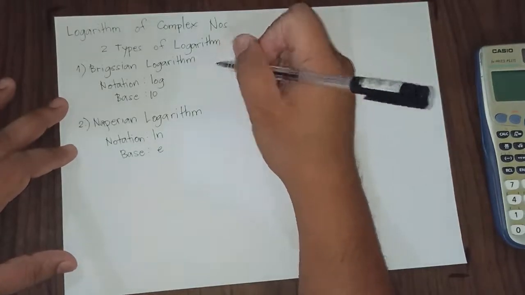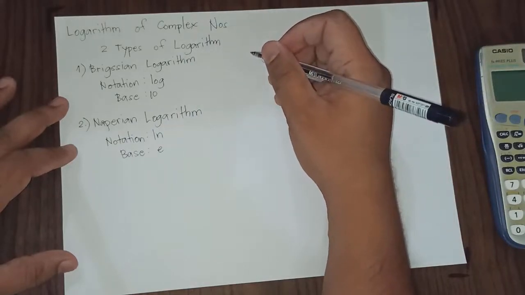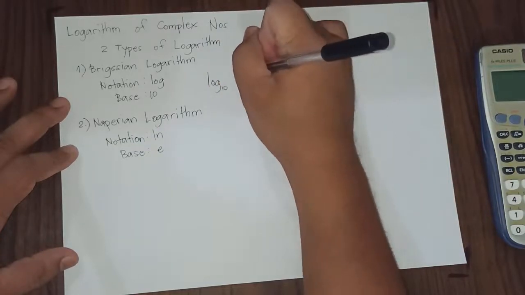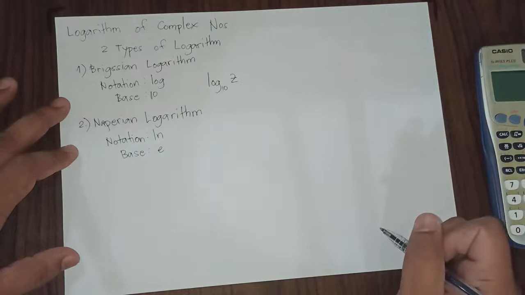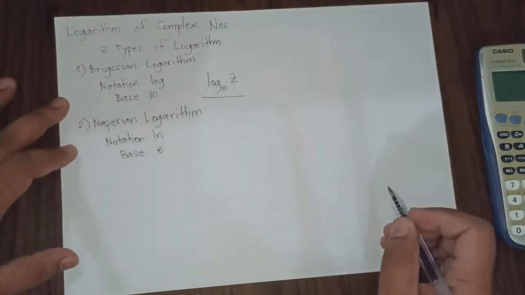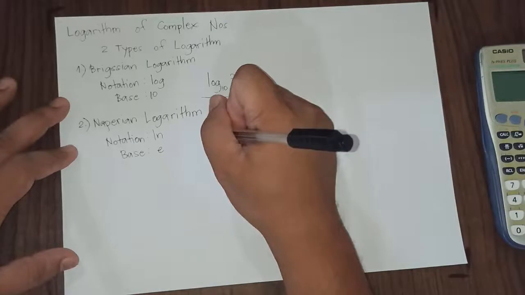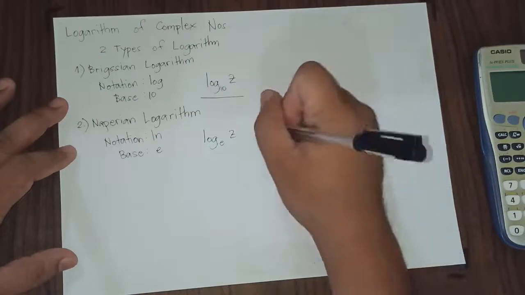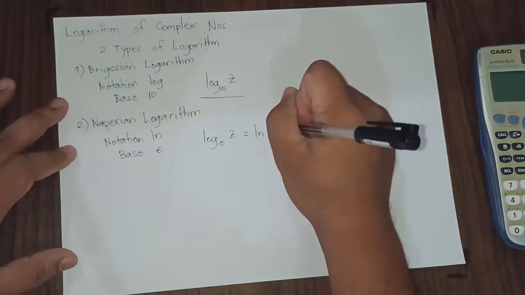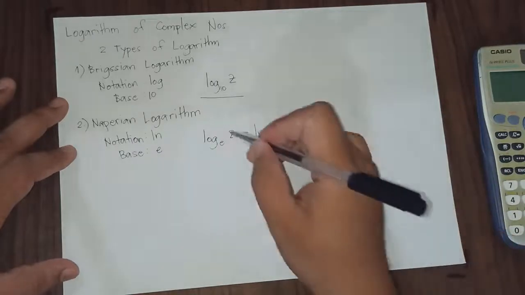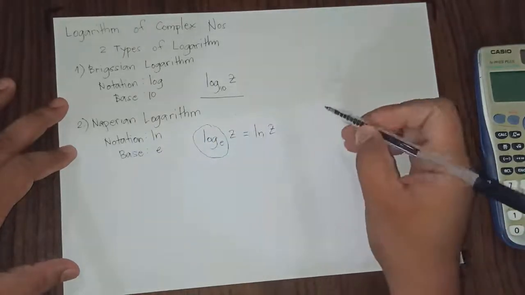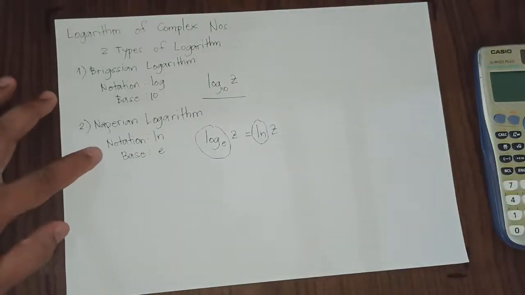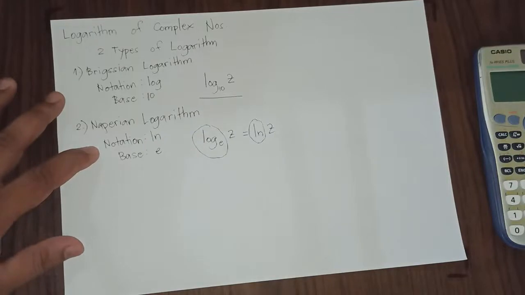Okay, so actually, if this Briggseian logarithm is applied as just like this, log of base 10 z, okay, yan yung kanyang representation. In terms of logarithm, it can also be written as log e z, or simply you can write it as ln of z. Okay, so ibig sabihin, log of e can also be written as the ln itself. Okay, that's why its notation is called ln.